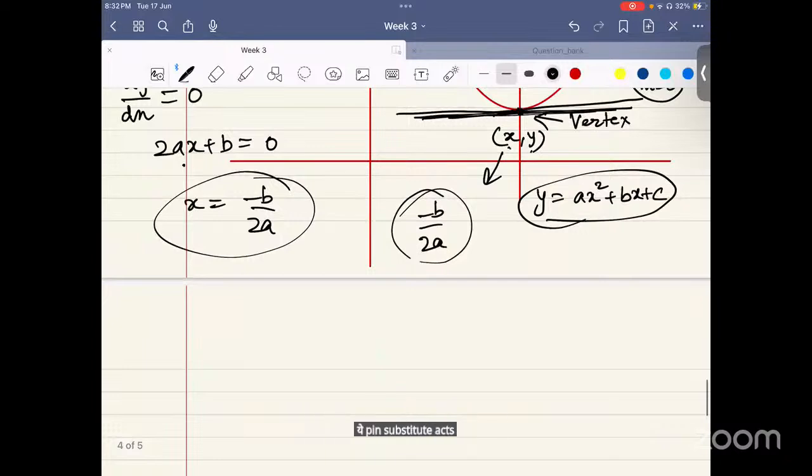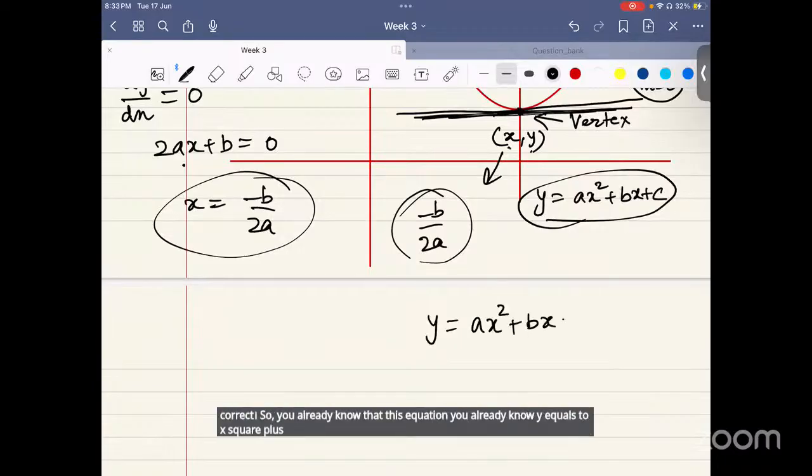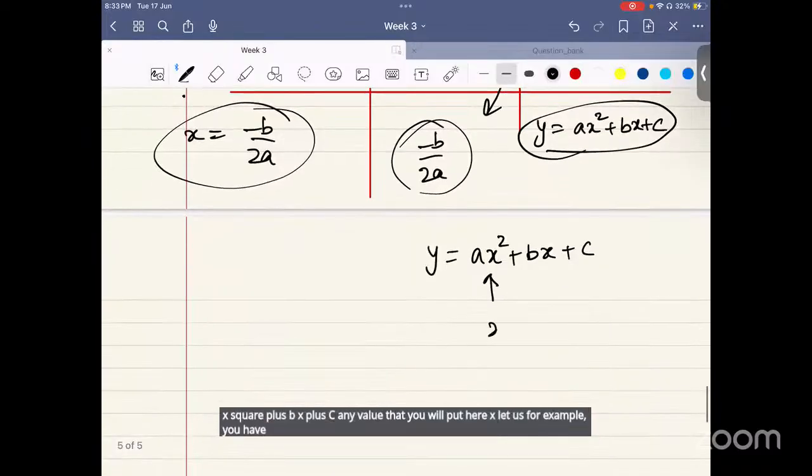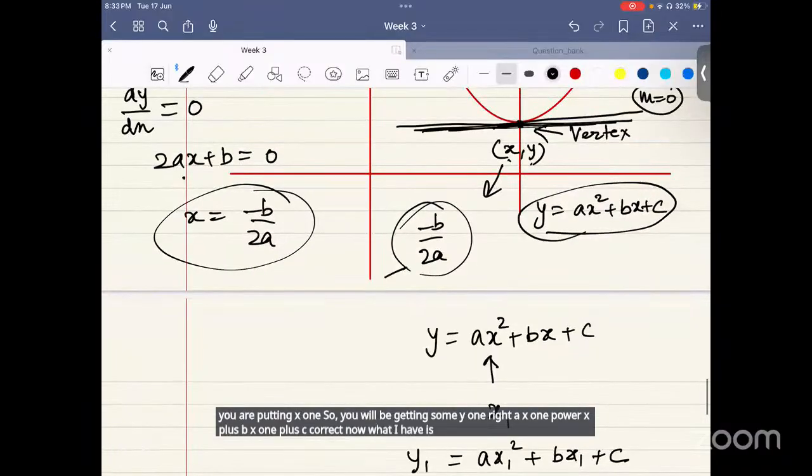In the original equation. Correct. So you already know this equation, y equals x square plus bx plus c. Any value that you put here for x, for example x1, you'll be getting some y1, that is a x1 whole square plus b x1 plus c. Correct? Now what I have is x equals minus b by 2a.